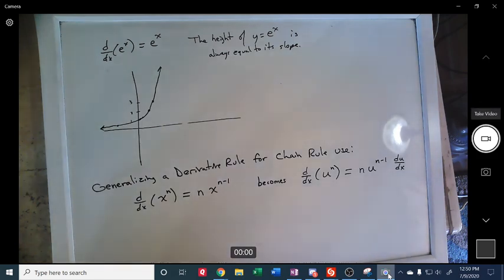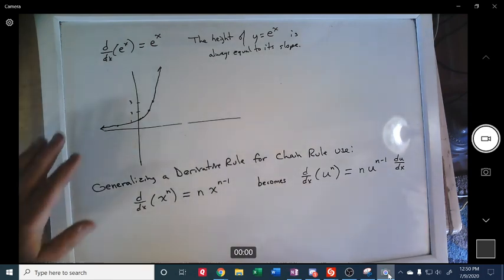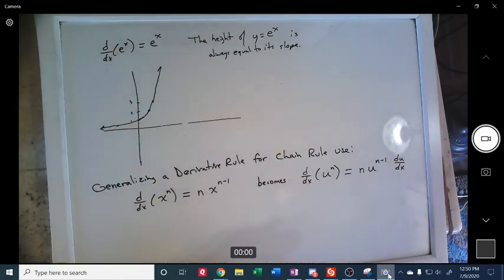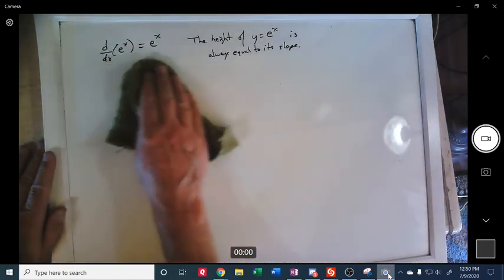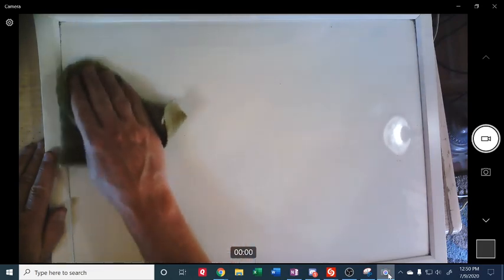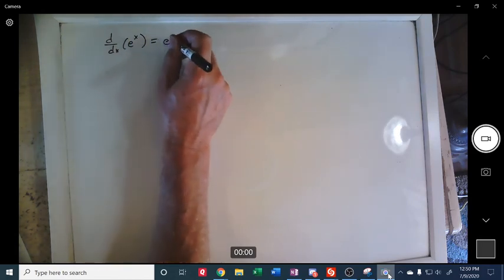Let's come back and ask an important question. When we take the derivative of exponential functions, very often the base won't be e, and we'll still need to take its derivative. So the derivative of e to the x is e to the x.